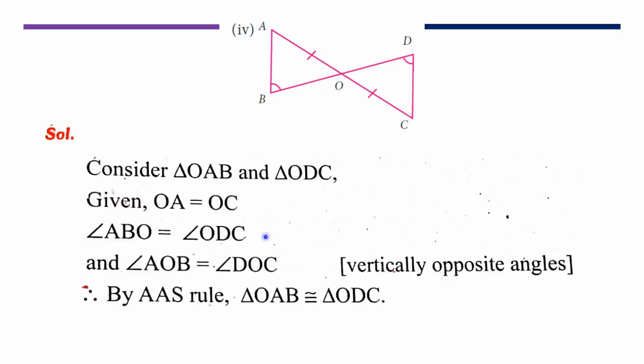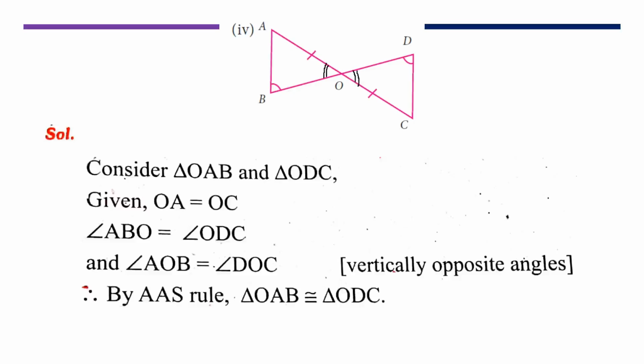These two are given. And angle AOB, the angle formed at the center, can only be represented as O. It is O here and O here too. We already know vertically opposite angles are equal. So the angle formed here and the angle formed here are equal.